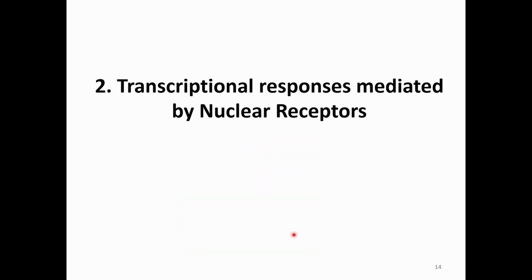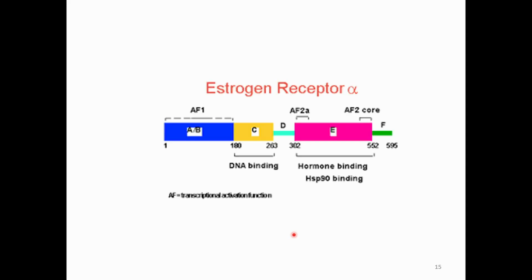So now let's shift gears and look at how you would use this for real experiments. We talked about nuclear receptors on Wednesday. And here's our friend, the estrogen receptor, with the DNA binding domain and the ligand binding domain. Since it's estrogen receptor, it binds estrogen, or it could bind estrogen-like drugs, like raloxifene, for instance.